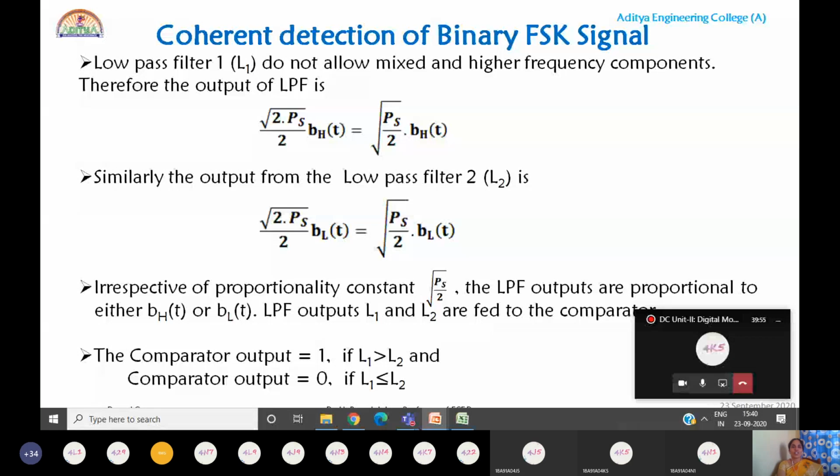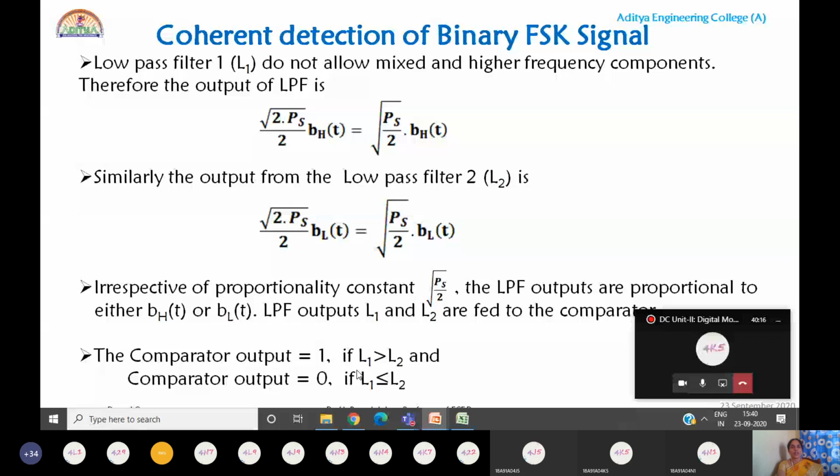Okay, what will the comparator do? Comparator takes the two data obtained from low pass filter 1 and low pass filter 2. If L1 is greater than L2, comparator output is 1. If L1 is less than or equal to L2, comparator output is 0.